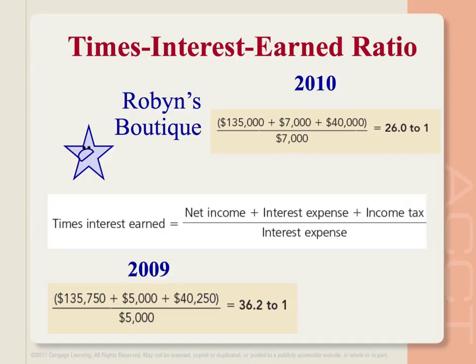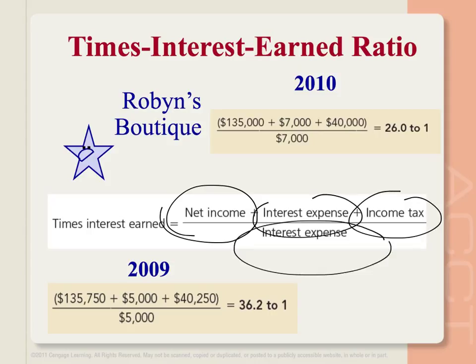So I'm certainly going to mention it to you, but it's not something typically you would use. And the formula, again, is you take your net income, you add back the interest you deducted and your tax, and then divide it by your interest expense. And in this case, it says it's 36 to 1. So that's a pretty good ability to pay back your particular debt.